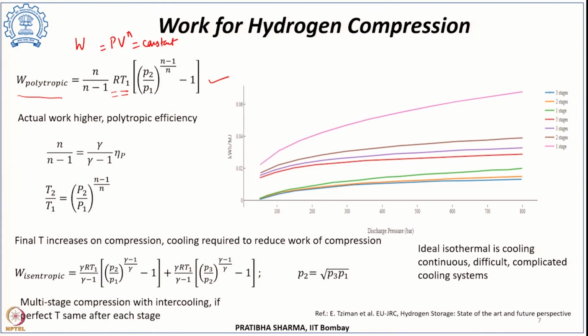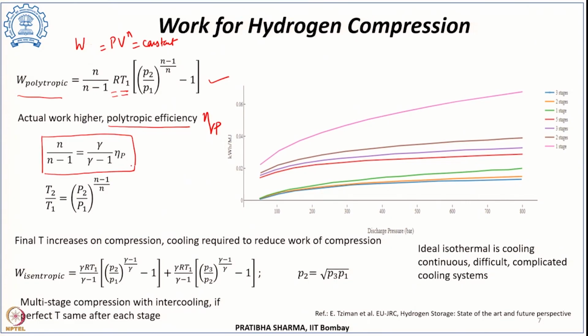However, the actual work of compression will be higher, and that can be accounted for by considering a polytropic efficiency, eta P, and this polytropic efficiency is related to both the polytropic index and the specific heat ratio. As n is the polytropic index, n upon n minus 1 is equal to gamma upon gamma minus 1 times eta P, where gamma is the specific heat ratio and eta P is the polytropic efficiency.